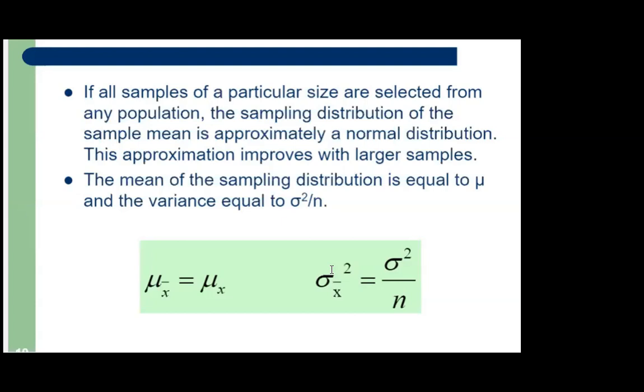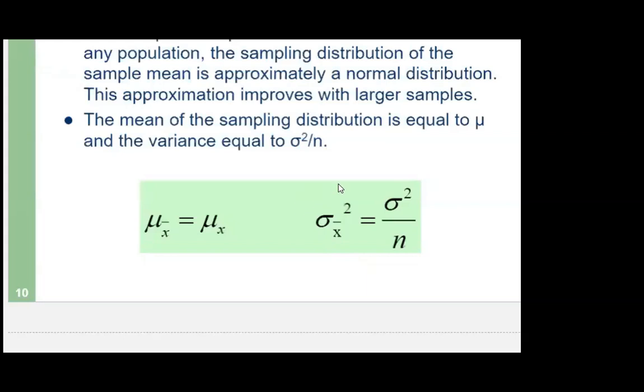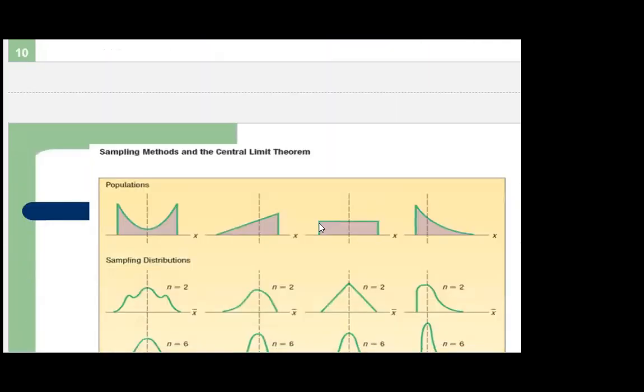The standard deviation of these smaller samples will be equal to the standard deviation of the population divided by radical n. That's where the radical n comes from: originally the formula for variance is divided by n, so when you take the square root, that becomes radical n.